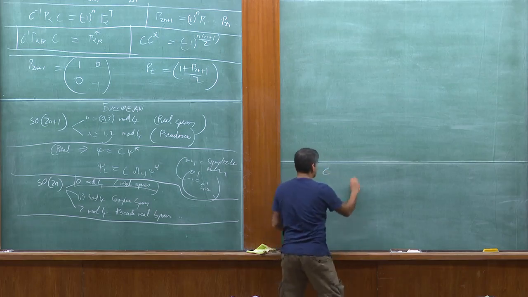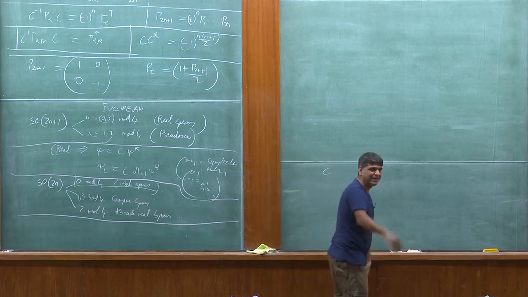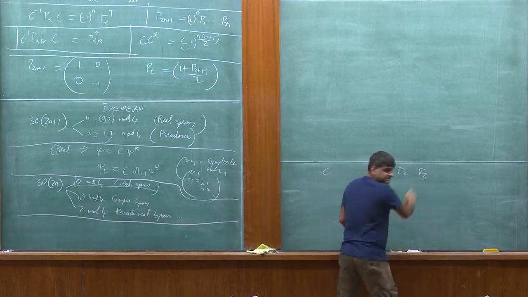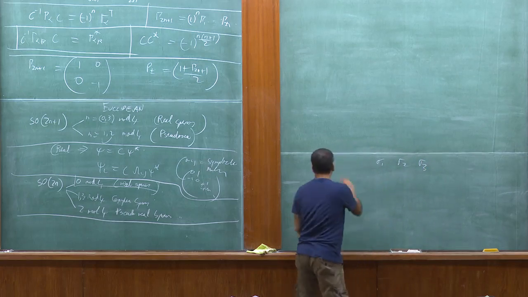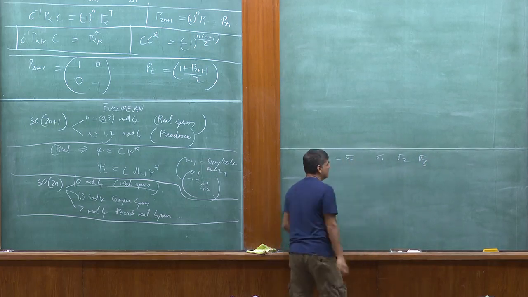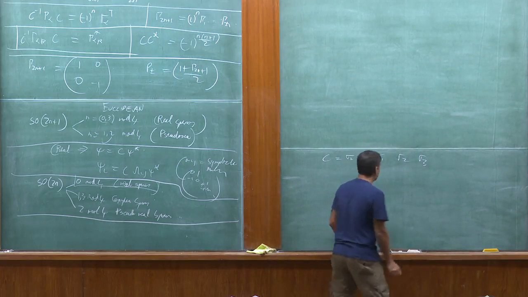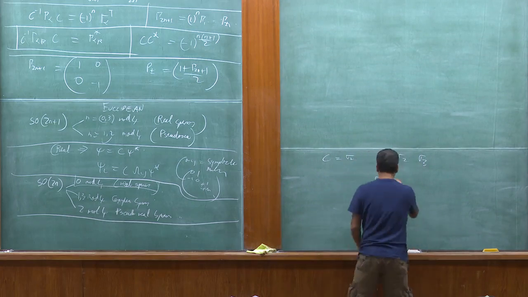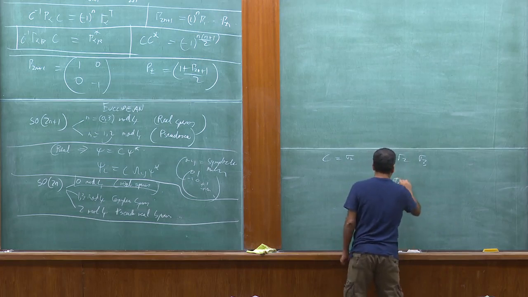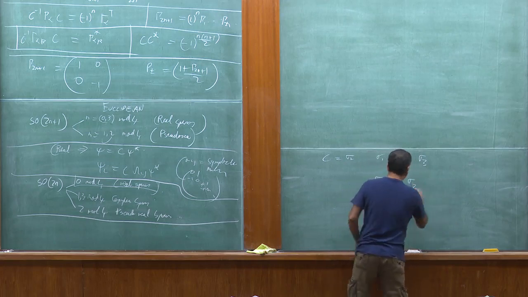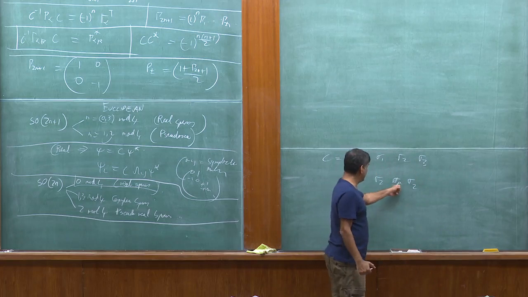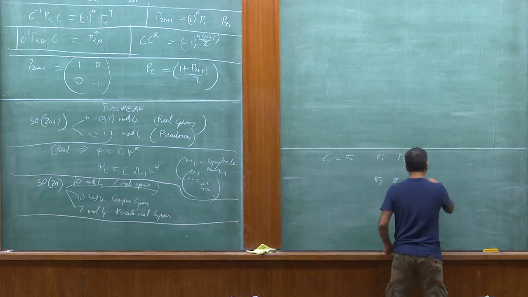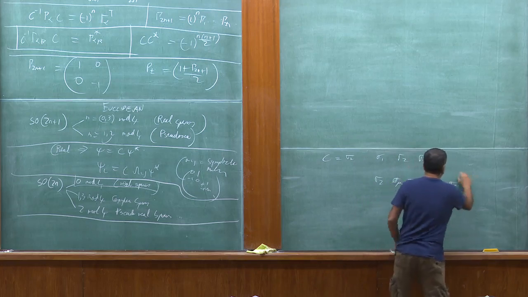The three sigma matrices are sigma 1, sigma 2, and sigma 3. If we take C equal to sigma 2, then sigma 2 is its own inverse. If we take sigma mu through sigma 2, we just get back sigma 2, but that had opposite transpose. So this would be minus sigma mu transpose.